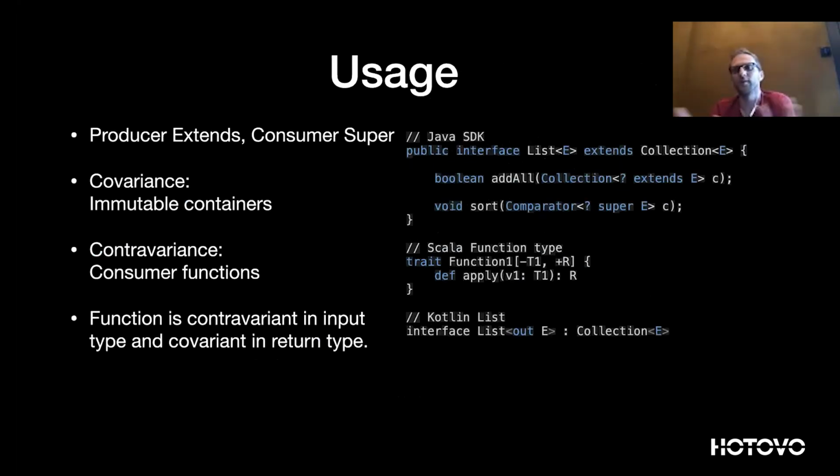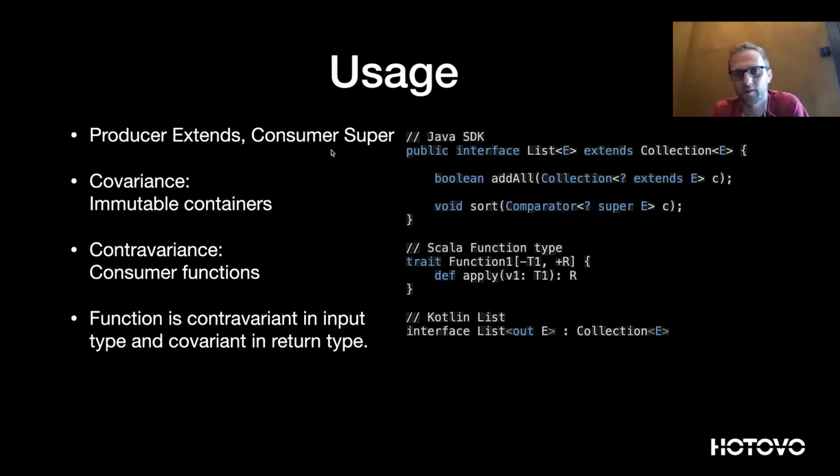Now some more examples of where these are used: what's the real usage of covariant generics and contravariant generics. In Java land, there's a simple mnemonic: producer extends and consumer super. It means that if I have a covariant generic, it's a producer, so I can get the type out of it, but I can't modify it.